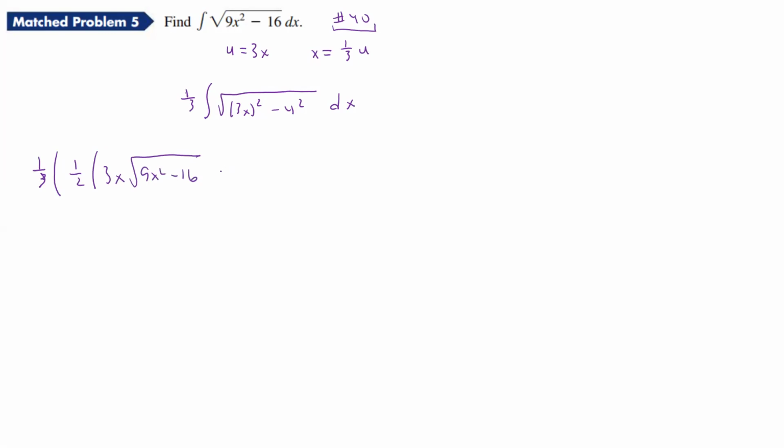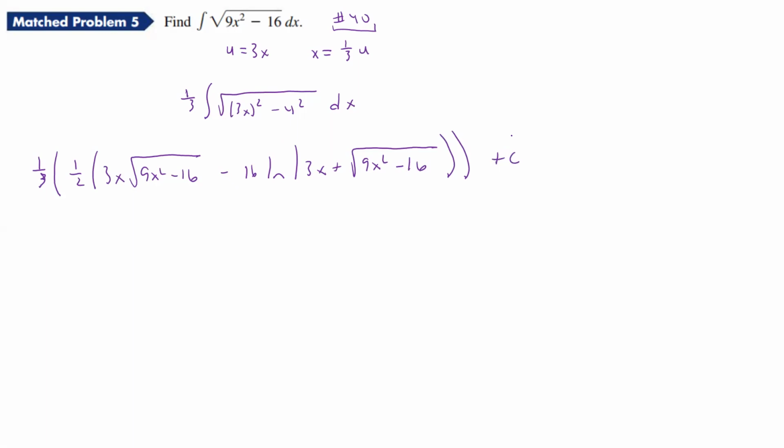And then we're going to have a minus, and then our a squared, so it's going to be 16. And then we have ln of 3x plus the square root of 9x squared minus 16, and then we have a parenthesis and a parenthesis, and then we have a plus c.